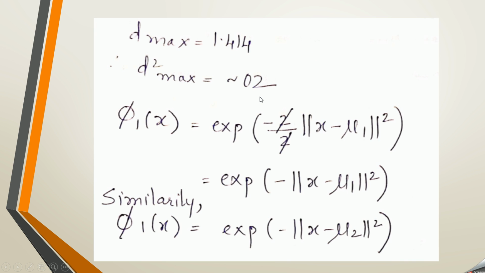D square max is approximately equal to 2 because the square root of 2 is 1.414. Because we have taken two centers, we will have phi 1 of x, which is exponent of minus m1, where m1 is 2 and d square max is also 2. So that reduces to minus 1 times the norm of x minus mu1, squared. Similarly we will have it for mu2. The only difference here is mu1 and mu2.